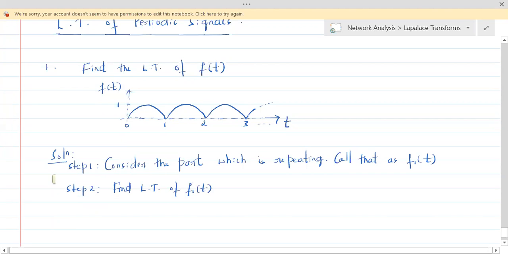f of t is given. We are just considering the part of it which is repeating, and we call it f1 of t. We apply the Laplace transform on f1 of t, that is the repetitive part, and we obtain f1 of s. That is step 2. What is step 3?